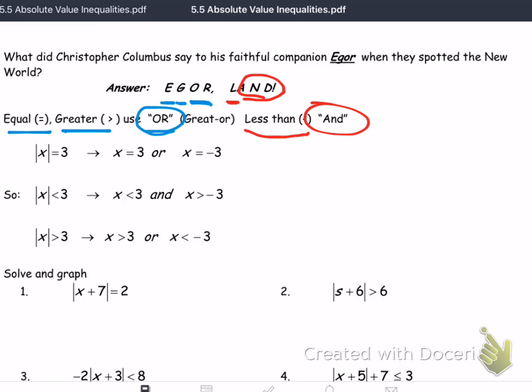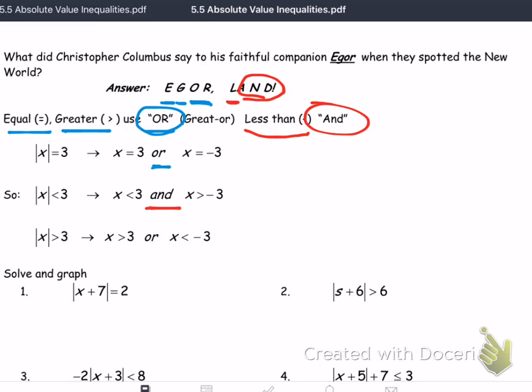Okay? So if you look down here, it says these are examples. If you have the absolute value of x equals 3, okay, equals, then you're going to do x equals 3 or x equals negative 3. And then the next one, the absolute value of x is less than 3. That means, you drop the absolute value sign, x is less than 3 and x is greater than negative 3.